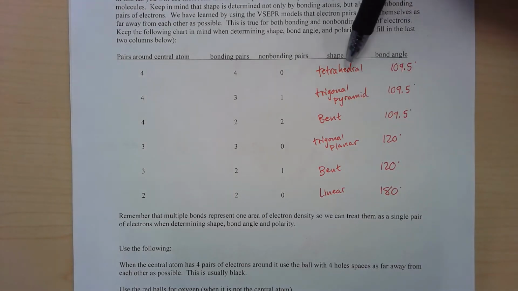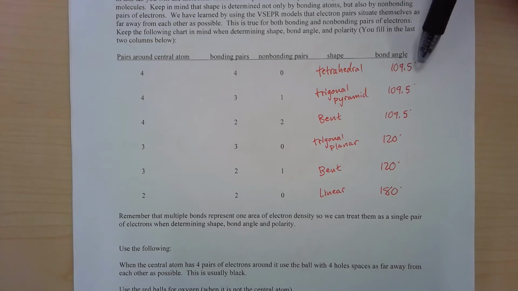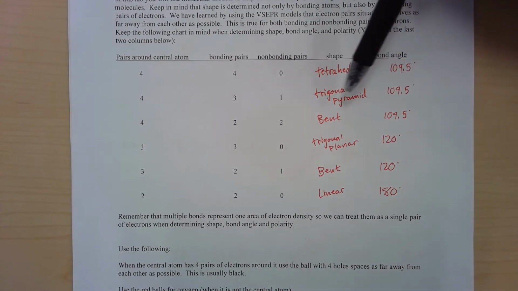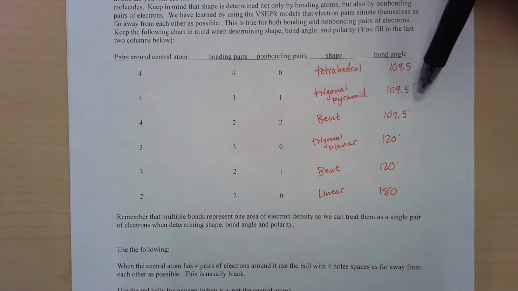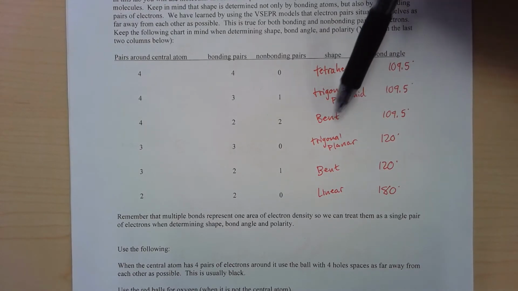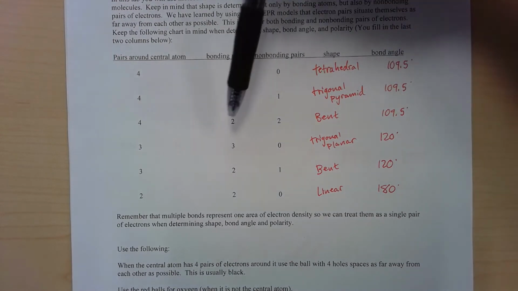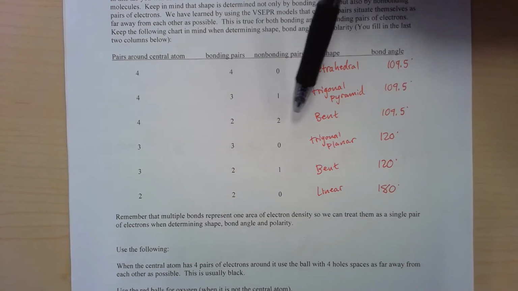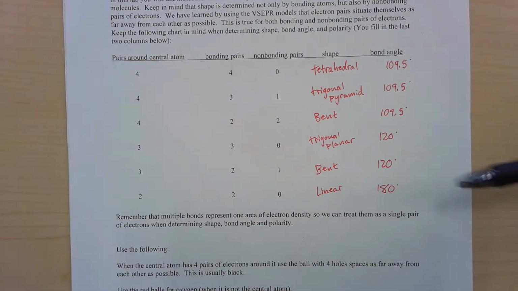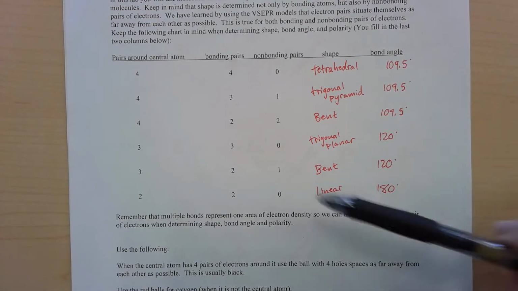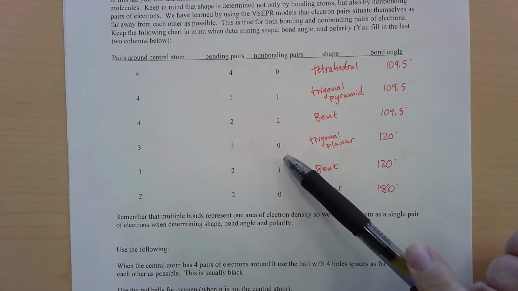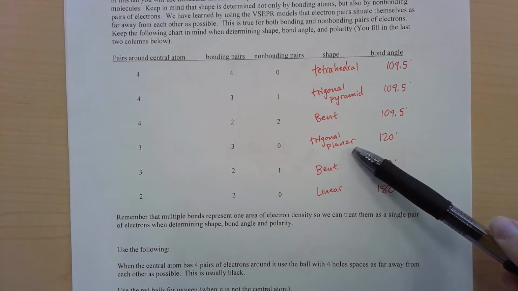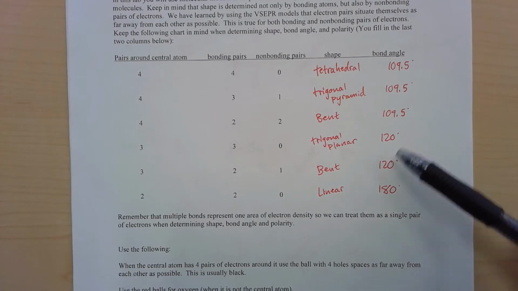So tetrahedral molecules have a bond angle of 109.5, likewise with trigonal pyramids and bent that have two bonding pairs and two lone pairs. If you have three bonding pairs and zero lone pairs, you have a trigonal planar and 120.